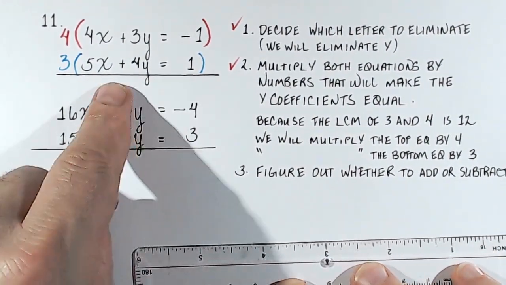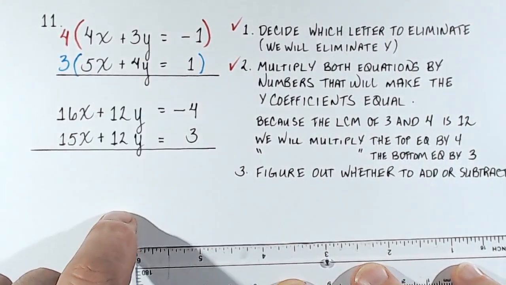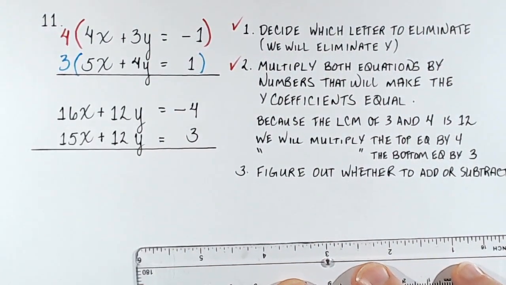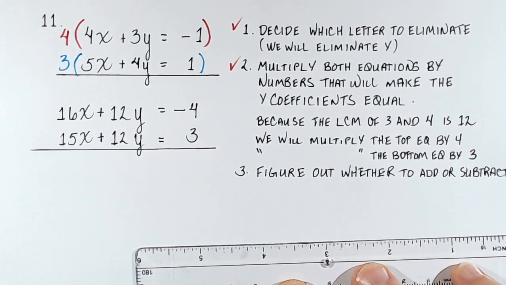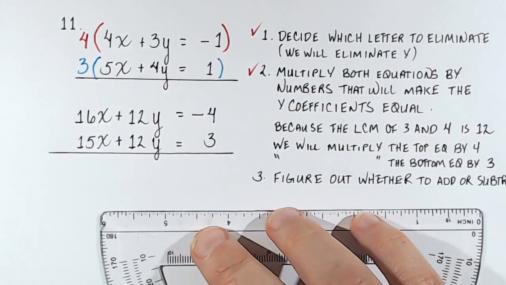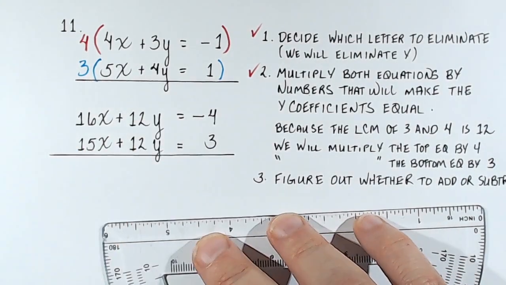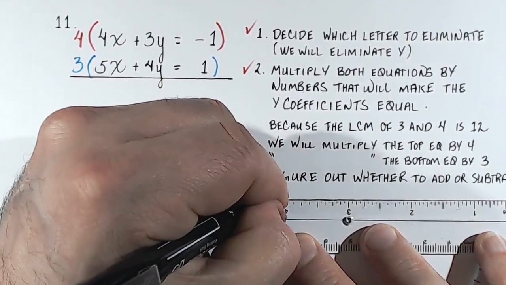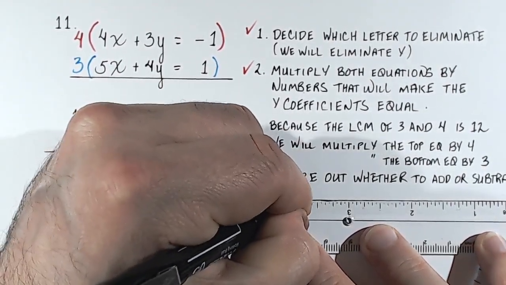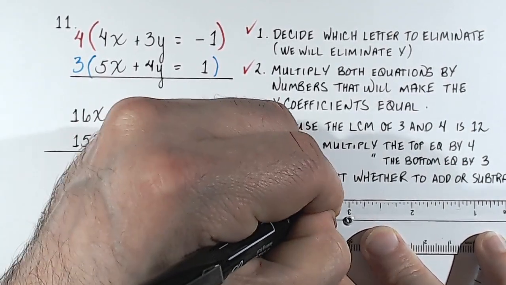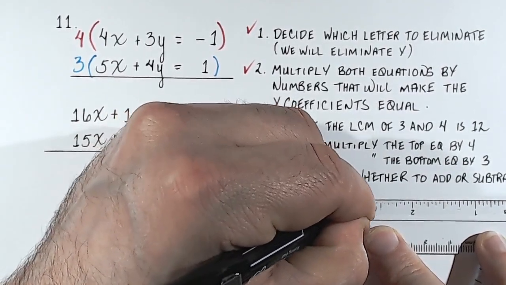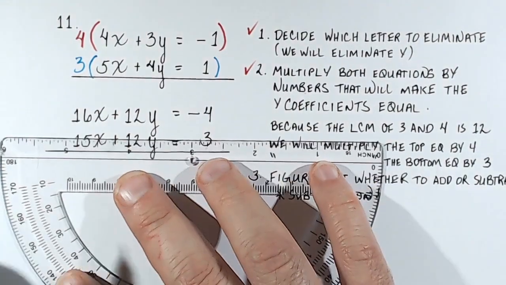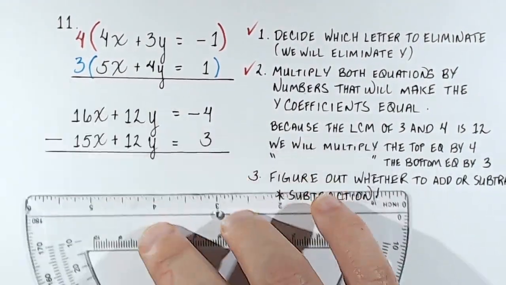Well, remember, I'm trying to eliminate the y variable. So if I add 12y plus 12y, I get 24y. That doesn't work. But if I say 12y minus 12y, well, that does work. So we figured out that we need to use subtraction. All right, we're going to use subtraction. So go over here and put a big subtraction sign.